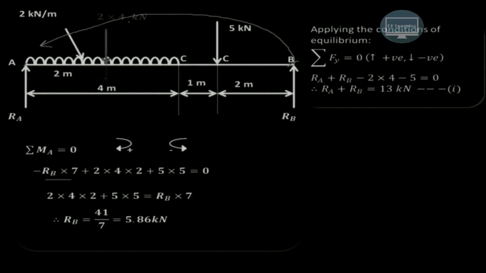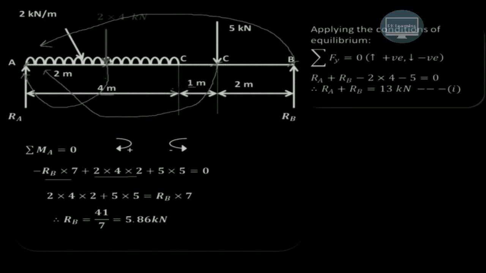This 2 into 4, that is the UDL load, will have a clockwise moment as shown over here. And the perpendicular distance from this point up to point A is 2 meter. So it is 2 into 4 into 2. But as it is clockwise, we have considered this as positive. Similarly, this 5 kN point load will also have the clockwise moment about point A, and the distance from C up to point A is 4 plus 1, that is 5.